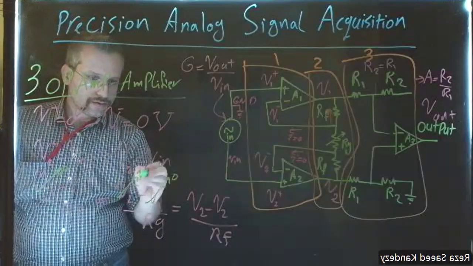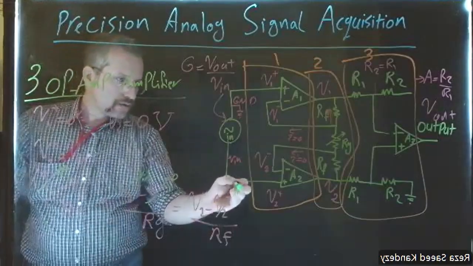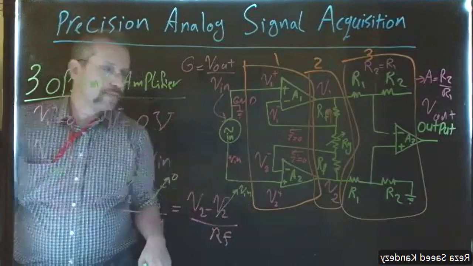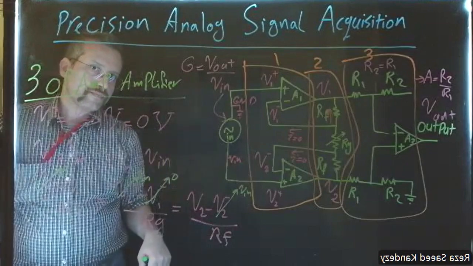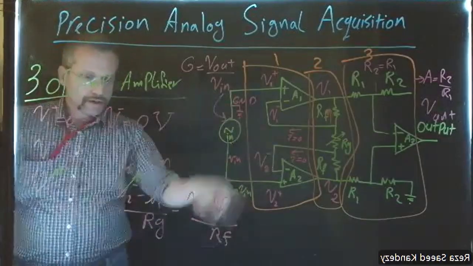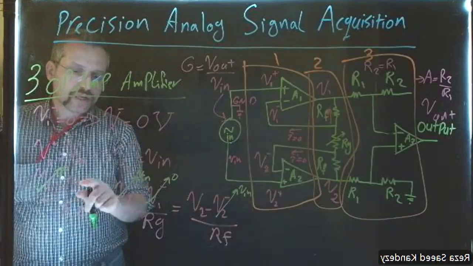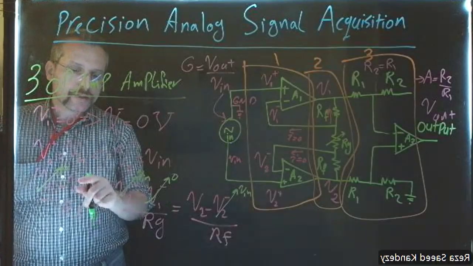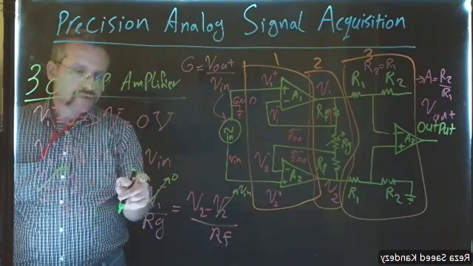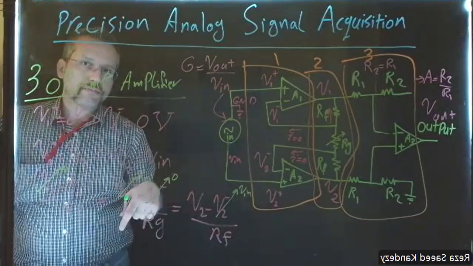So this is input. Here also, this is input. Are we good? Okay, so let's figure out how we can identify V1 based on V in, and how we can identify V2 based on V in.